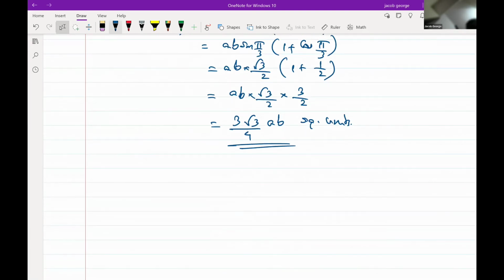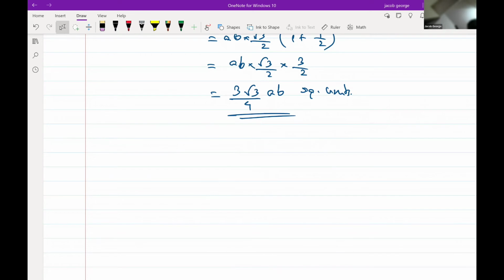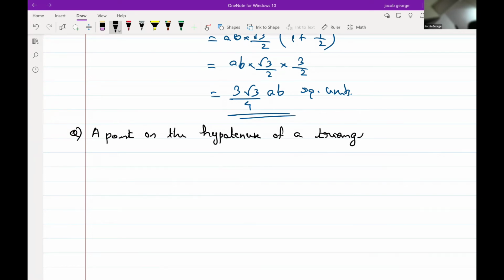Now the last question, please write. A point on the hypotenuse of a triangle is at a distance a and b from the sides of the triangle.